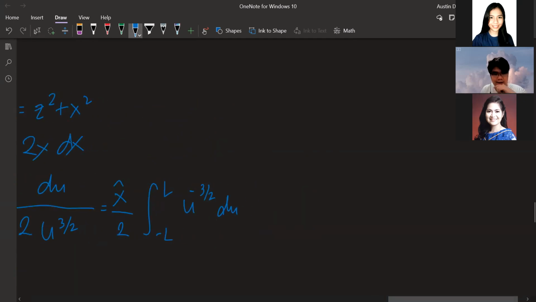Magpa-plus 1 ka sa taas. So that is x hat over 2 ng u plus 1 yung power natin, so just negative 1 half. Tama? All over negative 1 half. And that will be evaluated from negative L to L.